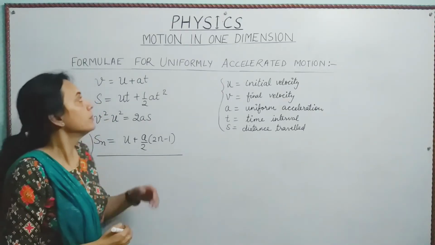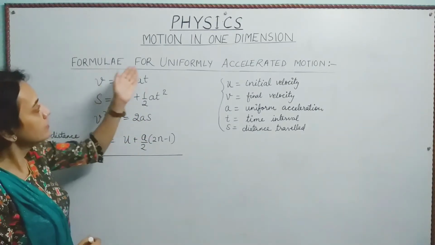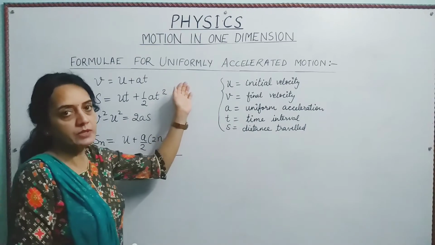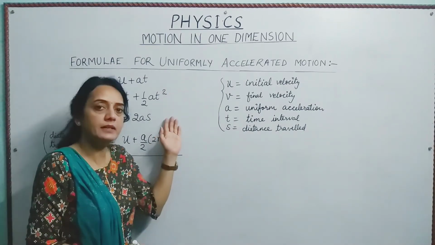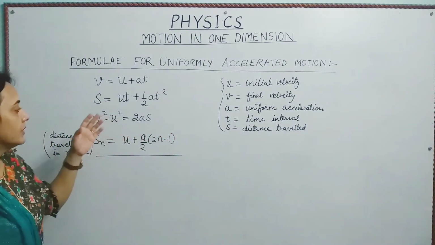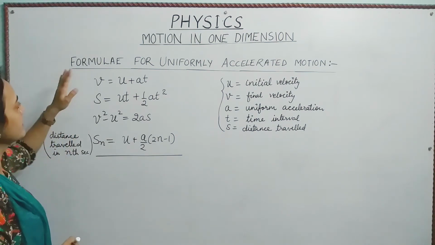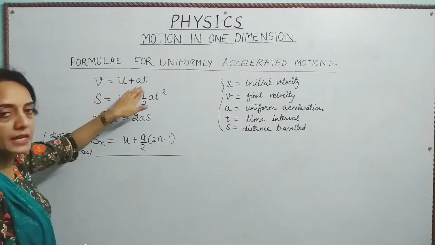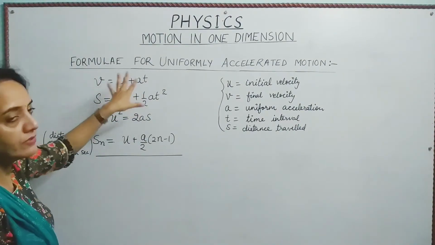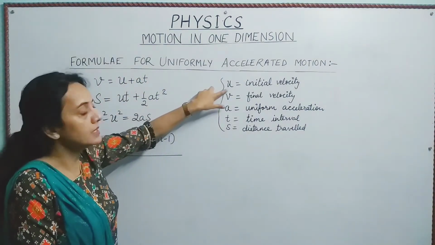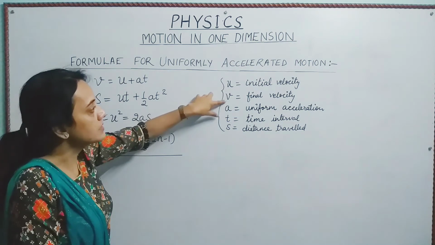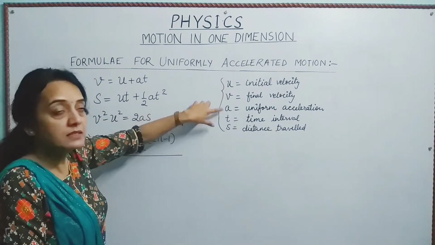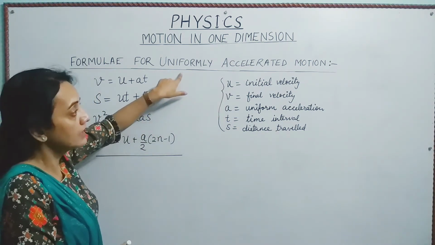Now we'll discuss some formulae for uniformly accelerated motion. These formulae you have already studied in class 9th and 10th, and you have done numericals also. You are familiar with this: v equals u plus at, where the symbols have their usual meanings. u is initial velocity, v is final velocity, a is uniform acceleration.